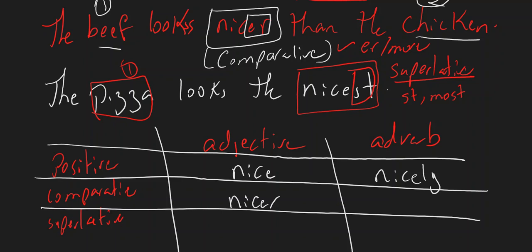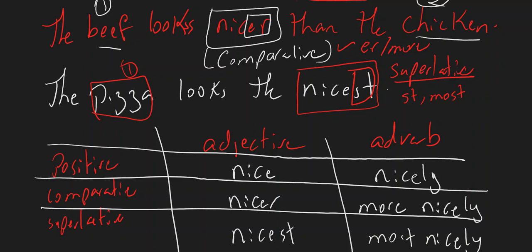But for the adverb, I always add more before the adverb, so it's more nicely as the comparative, and the superlative is nicest. Remember, superlative is more than 2, and for the adverb it's most nicely. I'm adding the most before the adverb.